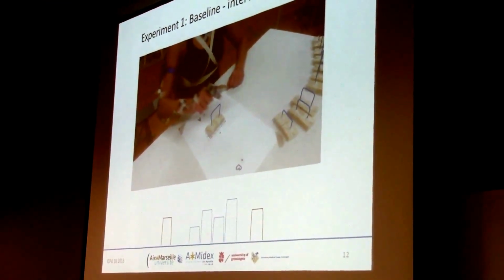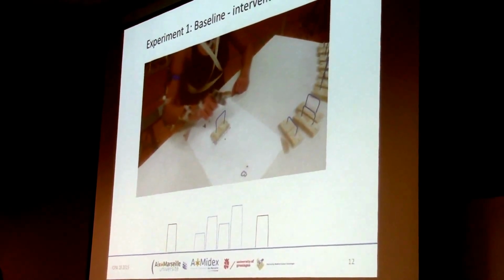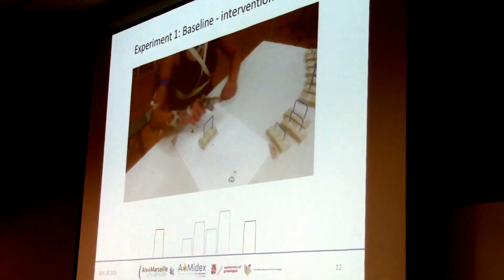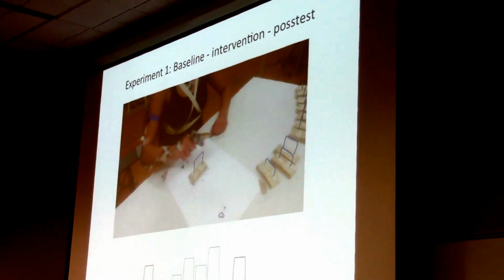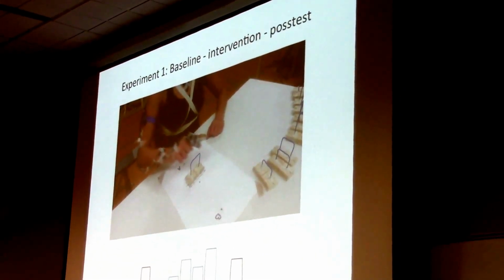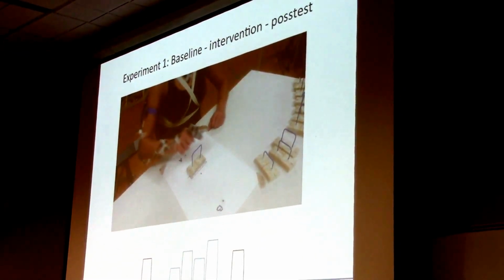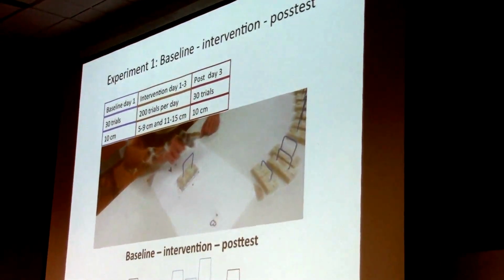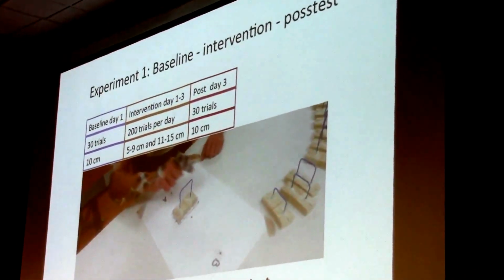This is again the task we did, and the idea was that we had a basic obstacle at the beginning, several different obstacles in between, and not the basic 10 centimeter obstacle, and a post-test with, again, the 10 centimeter obstacle.